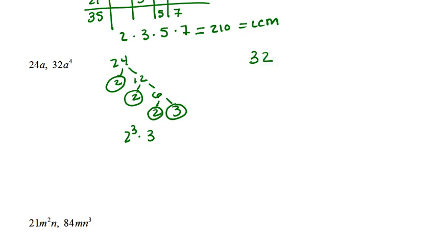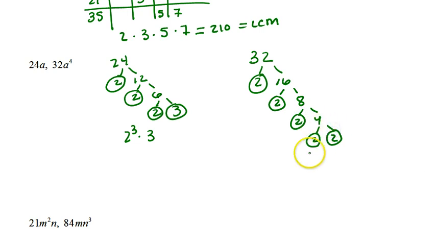For 32, I have 2 and 16, 2 and 8, and then 2 and 4, and 2 and 2. So I have 2 to the 5th.